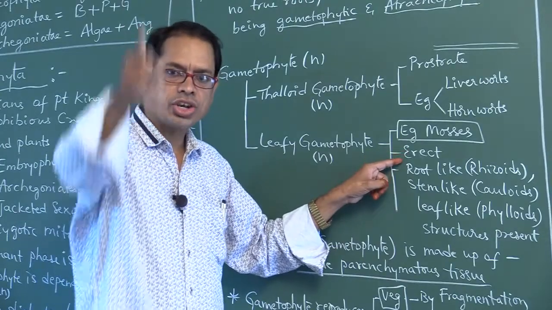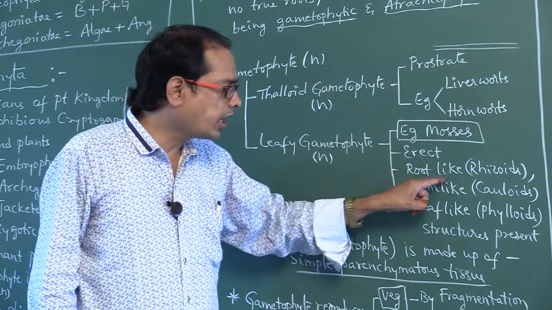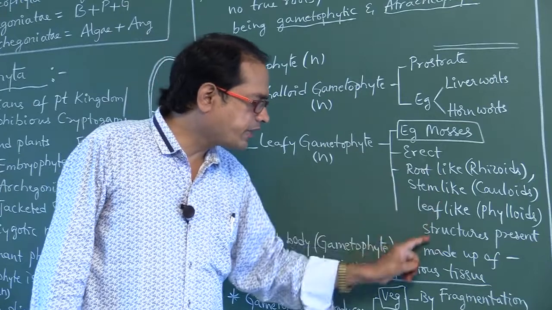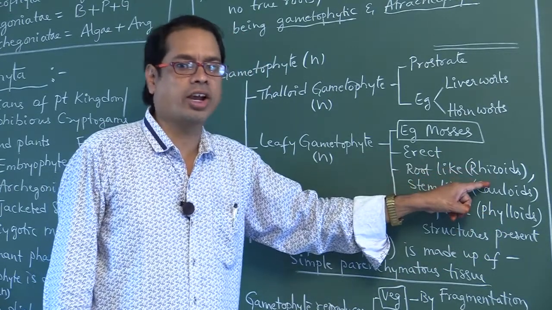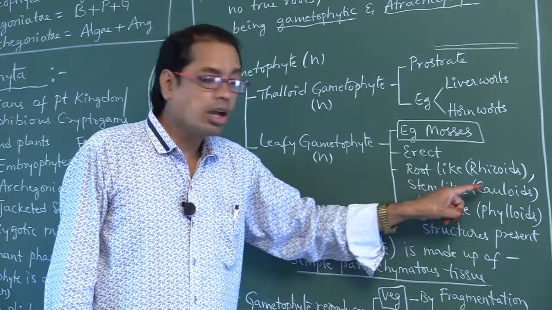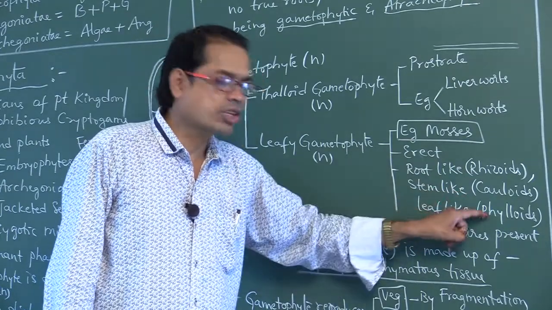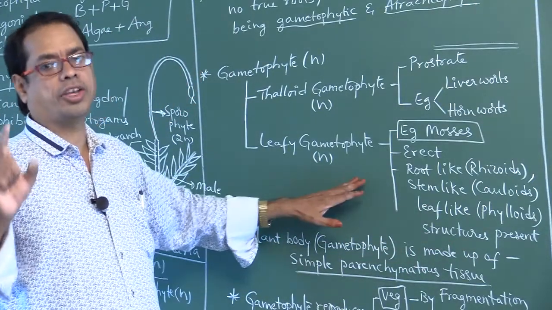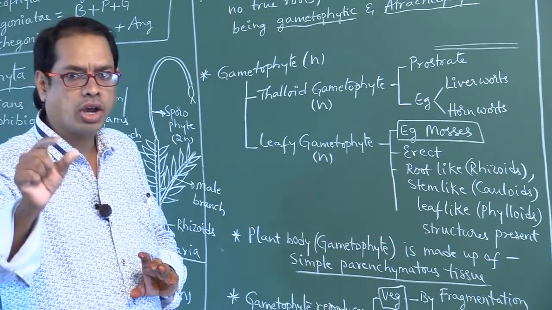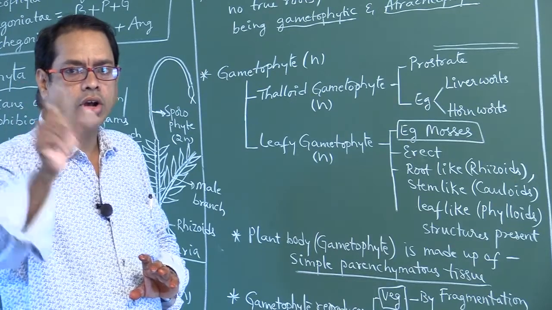Root-like, stem-like and leaf-like structures are present. What do you call the root-like structures? Called rhizoids. Stem-like structures are called caulids. Leaf-like structures are called phylloids. All these are haploid in nature.